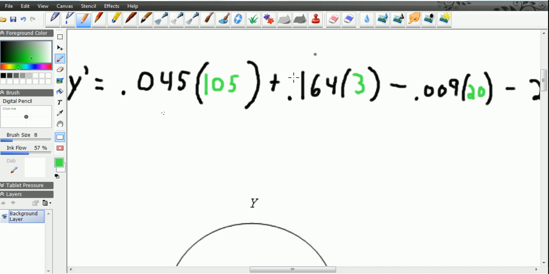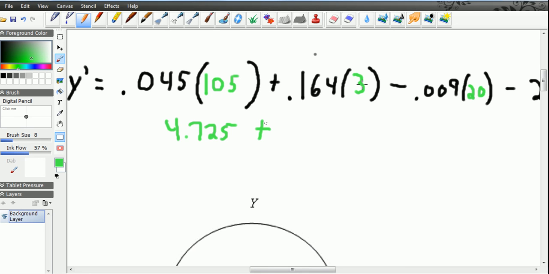All right. So we'll take 0.045 times 105. That's 4.725 here. And then we're adding to that 0.164 times 3.